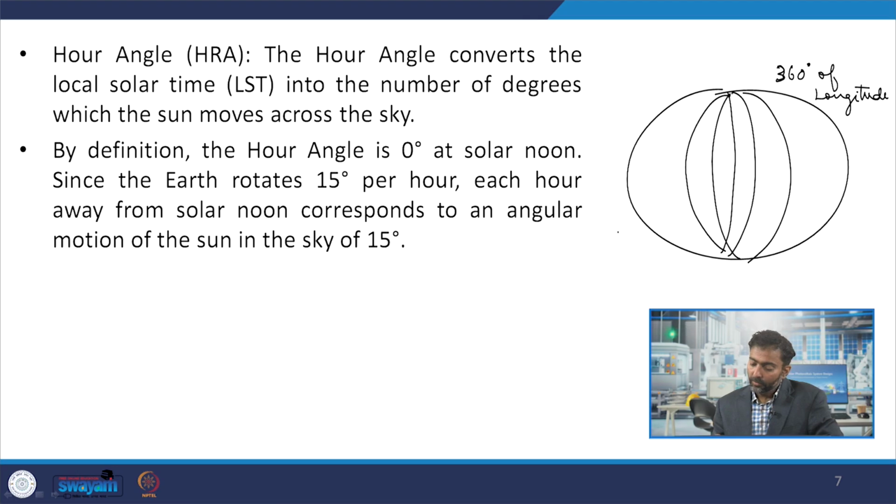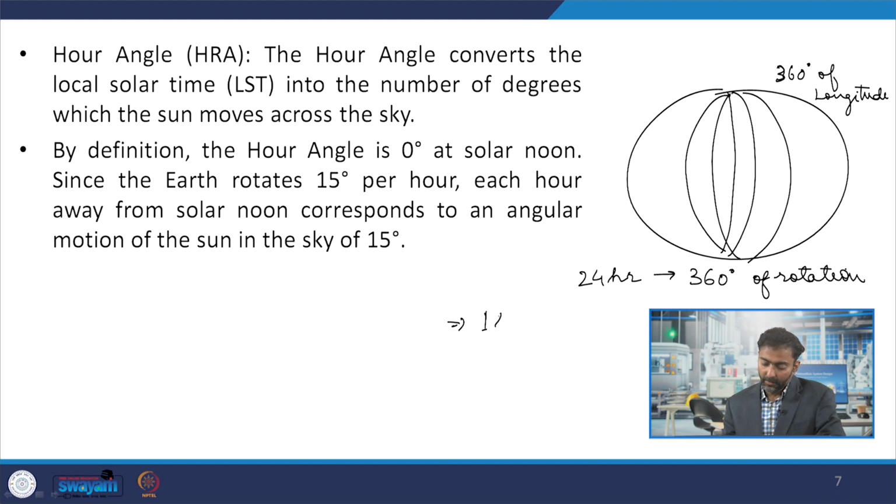Now for Earth to rotate on its axis to complete a full rotation, it takes 24 hours. So in 24 hours it covers 360 degrees of rotation. What it means is that in 1 hour it will cover 15 degrees of rotation. So that is what is being mentioned here, that for every hour the Earth rotates by 15 degrees.